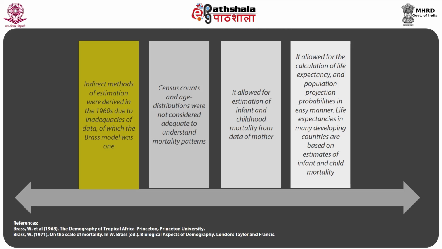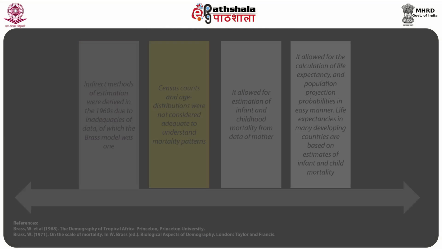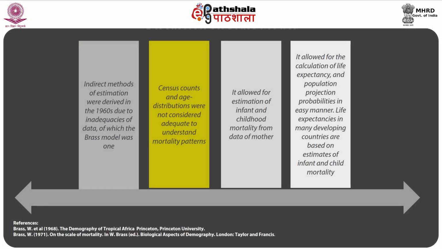During the 1960s, as there was inadequacy of data, there was a need to estimate life expectancy, for which indirect methods of estimation were derived, of which the Brass model was one. While the United Nations has done some work in this regard, census counts and age distributions were not considered adequate to understand mortality patterns.